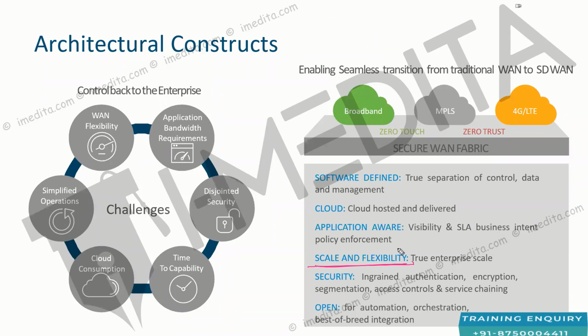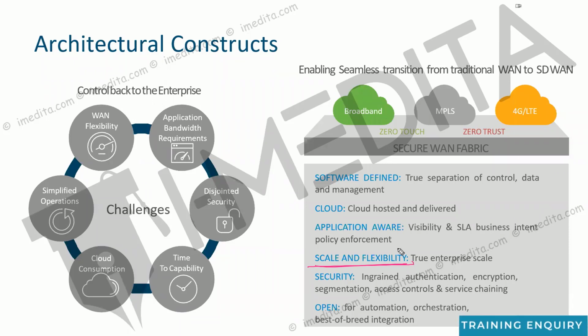Let's say your devices, not the users, increased from 2,000 to 20,000. All you need to do is deploy a couple more vManages, and you will notice that you can still manage all the devices from the centralized point. So we can scale as much as we want, and it is a very flexible solution.